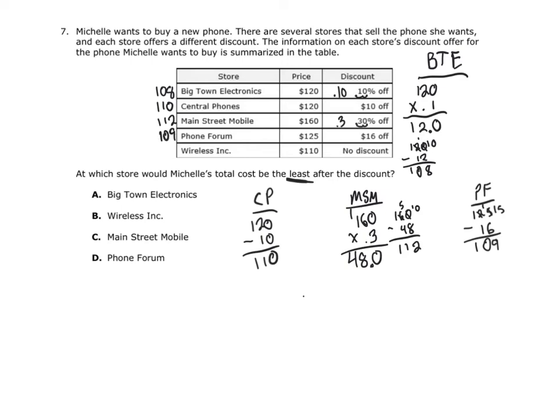And then Wireless Inc. There's no discount. So it is just 110. So the smallest one is going to be our 108 right here, which is Big Town Electronics, A.